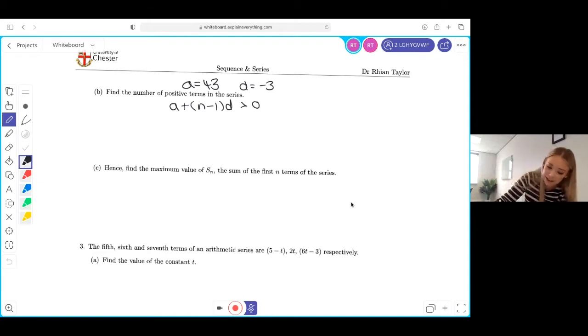So if our first term was 43, our common difference is minus 3, and then that's a nice inequality just to solve for n.